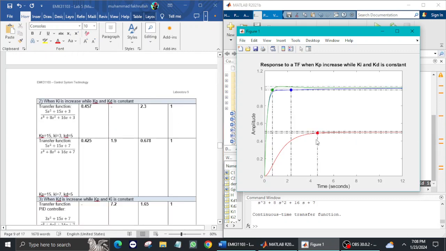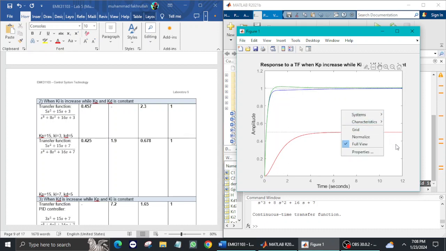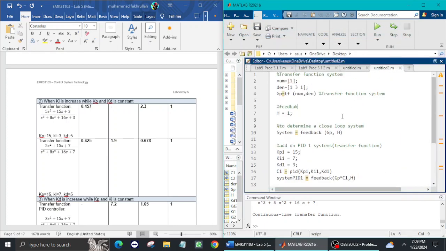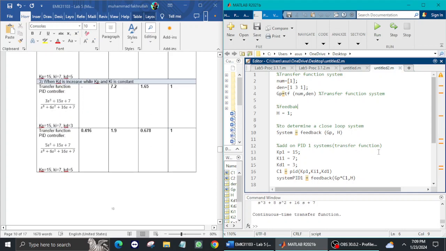For the settling time I get 0.678, and PID1 I get 2.3. And lastly is the steady state. PID1 I got the value 1, and PID2 also I got the value 1. So after that we proceed.